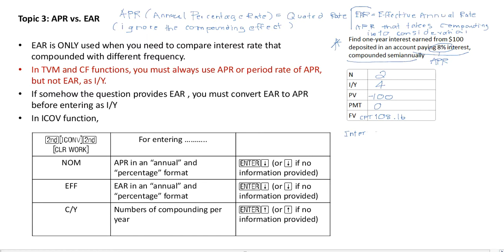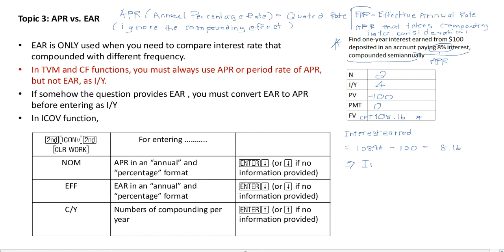So from the initial amount that we invest compared to the final amount that we receive right here, the interest that we earn is basically 108.16 minus 100, so the interest that we earn is 8.16.